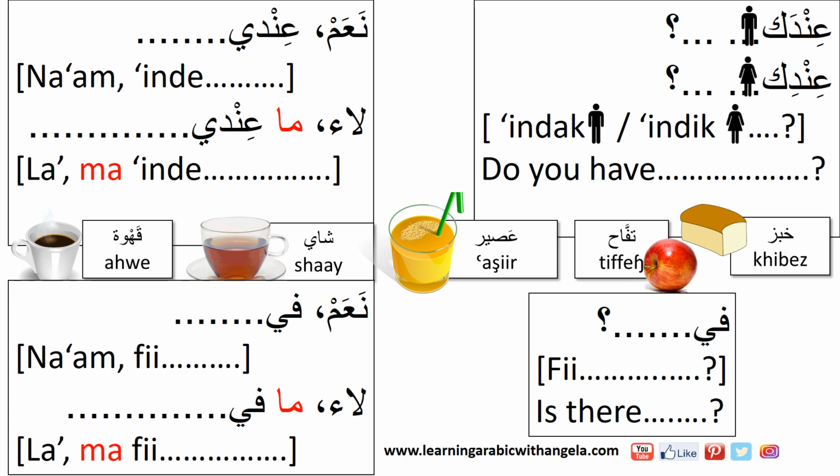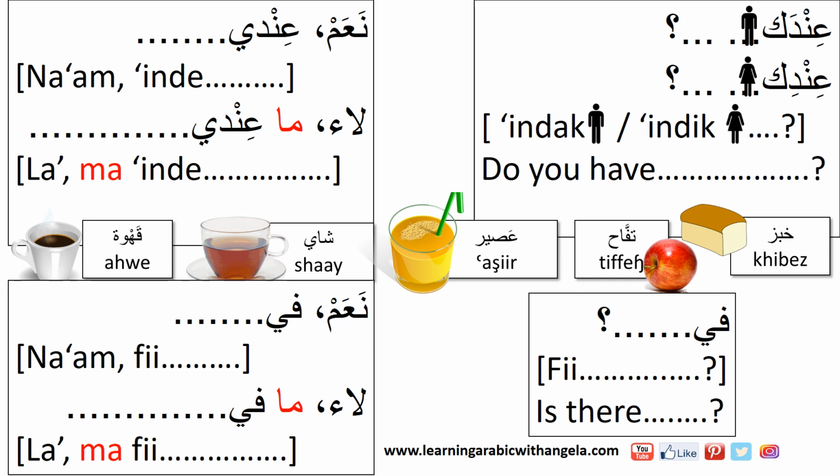So عندك addressing a male, and عندك addressing a female. عندك خبز, have you got bread? عندك تفاح, have you got apples? عندك عصير. عندك شاي. عندك قهوة. And they could reply saying نعم عندي خبز, or لا ما عندي خبز.